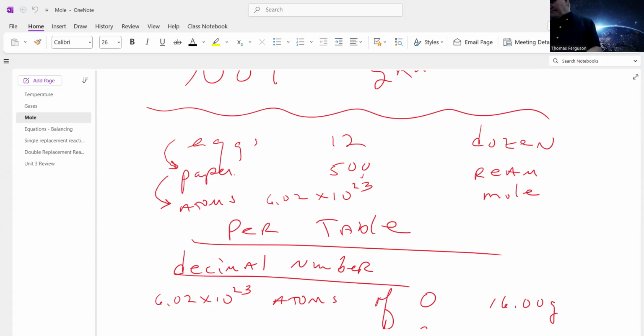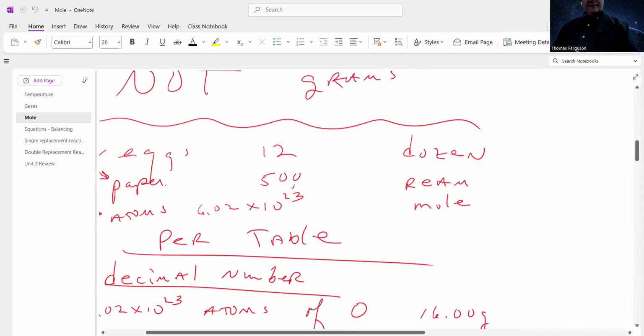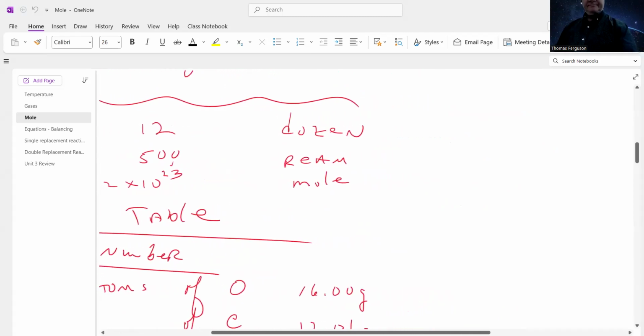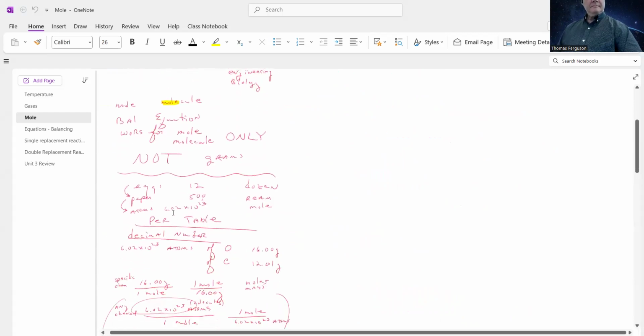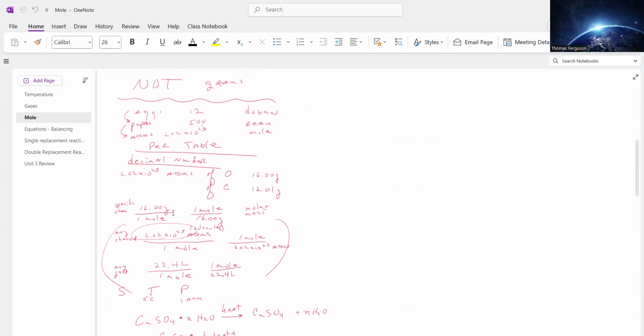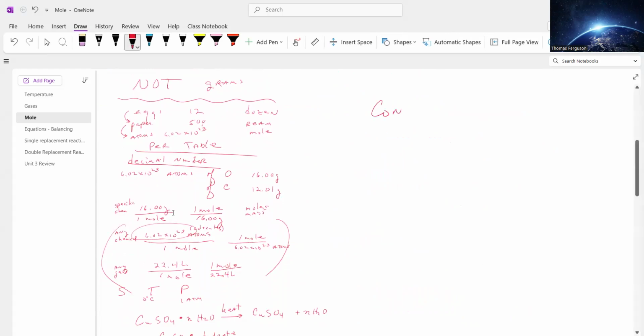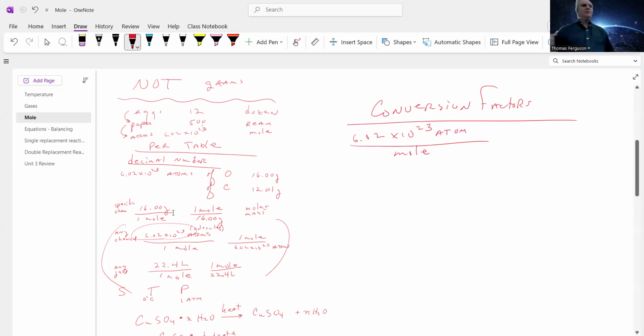Now, we're going to be doing conversion factors for Unit 3, the second half of Unit 3. So this is going to be your first conversion factor. And I'm going to put atoms here. But it could apply to molecules as well, or chickens, or students.